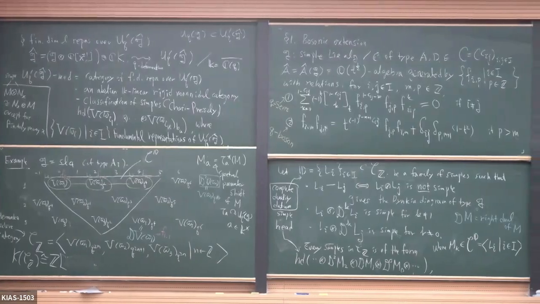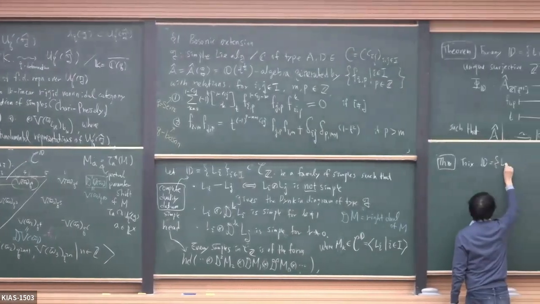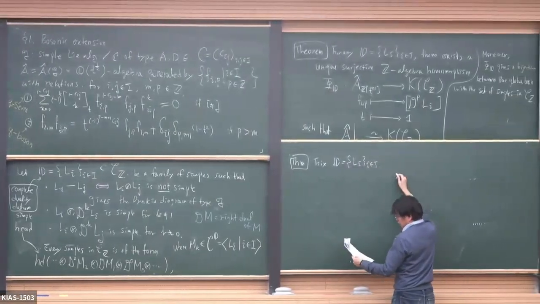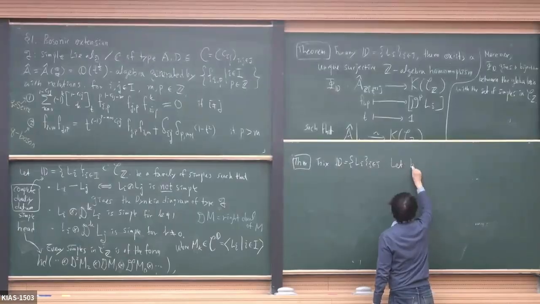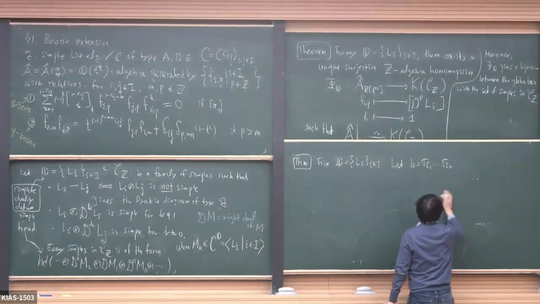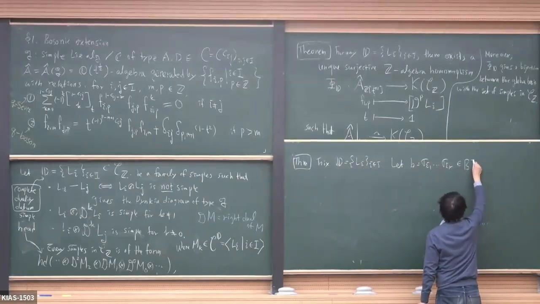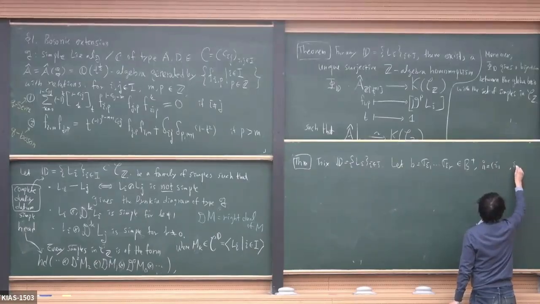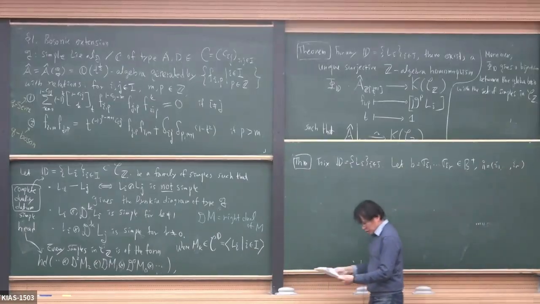So now let's fix the duality datum, and let our braid be sigma_{i_1} to sigma_{i_r}, a positive braid. So my bold B is this one.